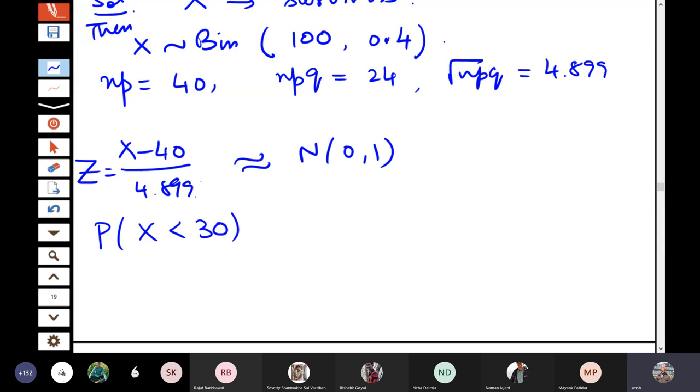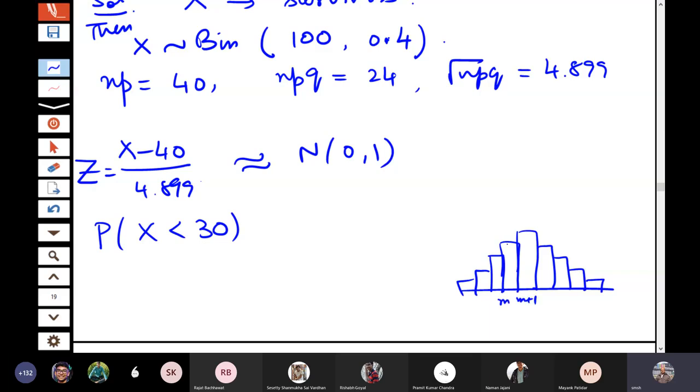In the continuous distribution, they are the same. If I say, suppose this is a point M and this is M plus 1, then X less than or equal to M and X less than M plus 1 are not the same, isn't it? Because additional probability has been put here.